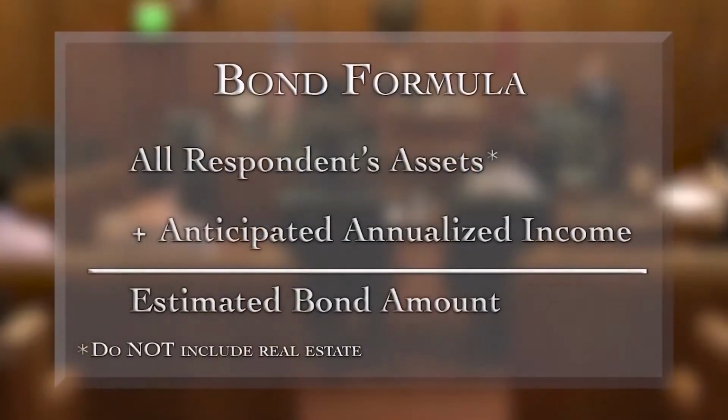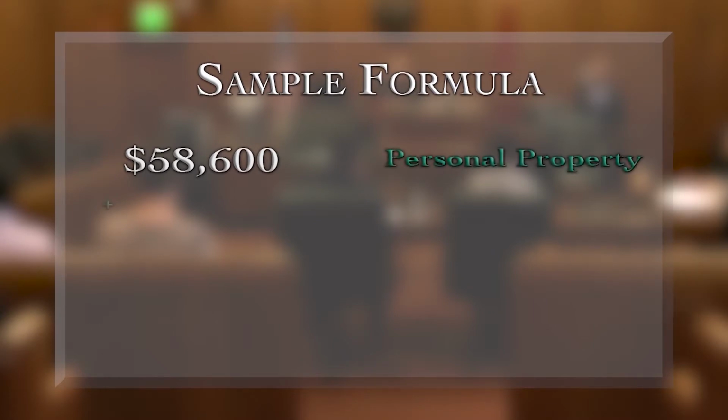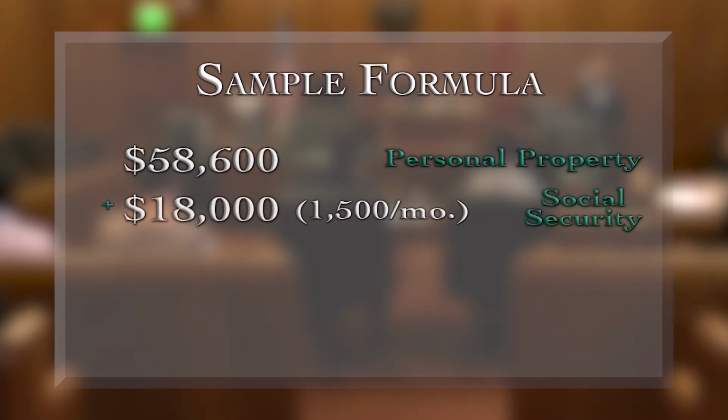The formula that is used to estimate the appropriate bond amount is the value of all of the respondent's assets, except for real estate, which is not included in the calculation of bond, plus all reasonably anticipated income for the year. For example, say the respondent owns about $58,600 in personal property. He receives $1,500 each month in Social Security, so for a year, that would be about $18,000 in Social Security.